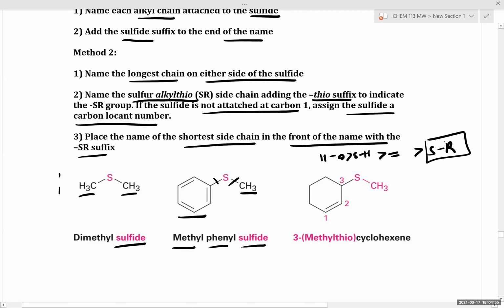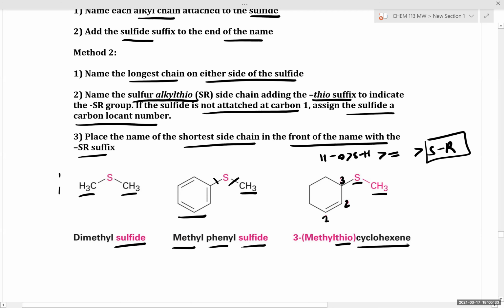This is a priority list that we'll talk more about, but essentially the highest priority group gets the lowest locant number preferentially. So when we have an alkene and an alkyl thio group, such as part of a sulfide, the alkyl thio group gets the lowest priority number relative to the alkene. So that's why we call this 3-methylthio, because it is an alkyl thio group, cyclohexene.